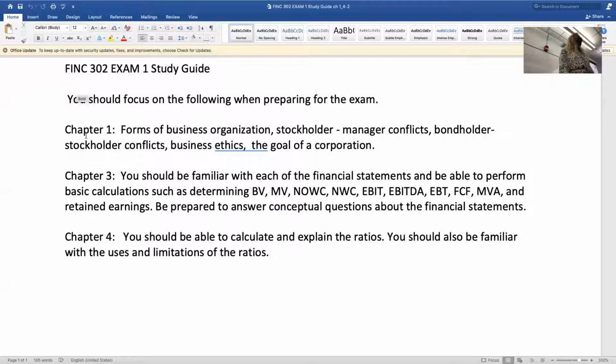Okay, and so remember, the bottom line on the income statement is net income. And what are the two things that a company does with their net income? Exactly, yeah. They're going to pay out dividends and then the rest is going to go towards retained earnings.